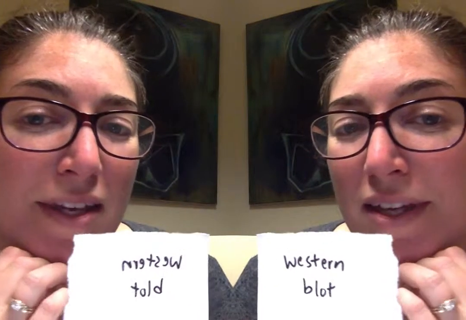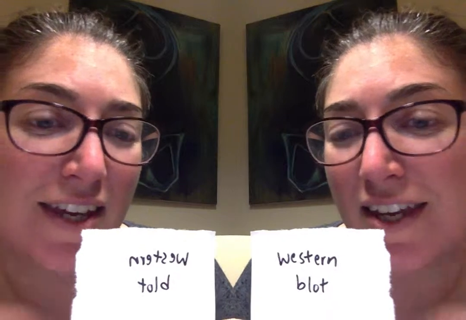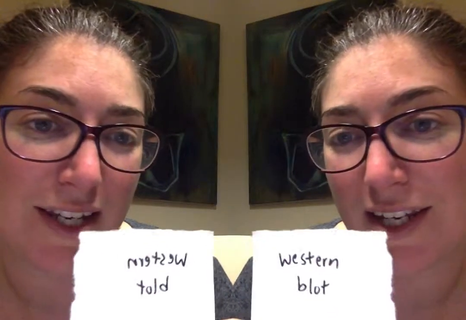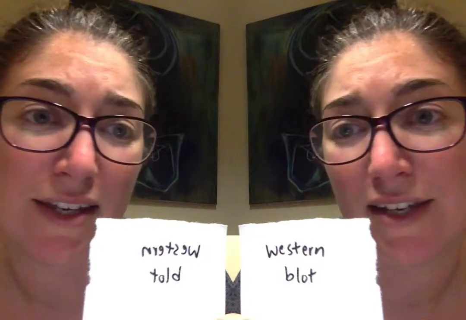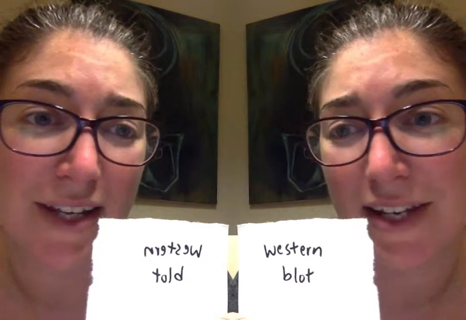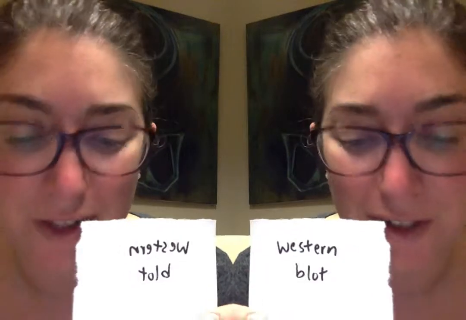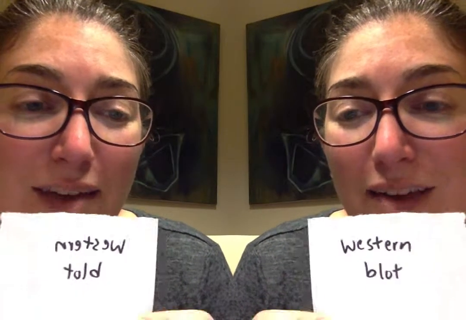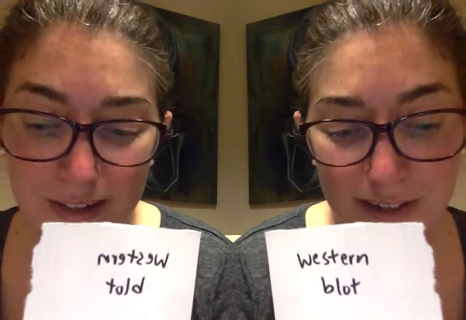Also, you can use antibodies to probe that gel to see if any of those proteins in it match the antibody that's made towards a specific pathogen. So it is a process of running proteins on a gel and probing it with antibodies.